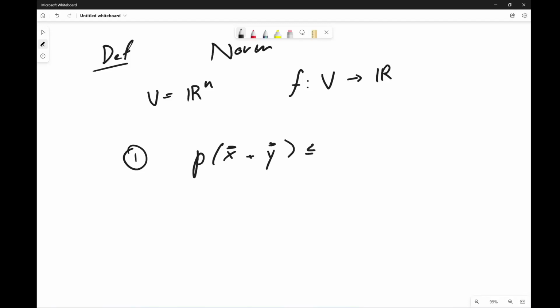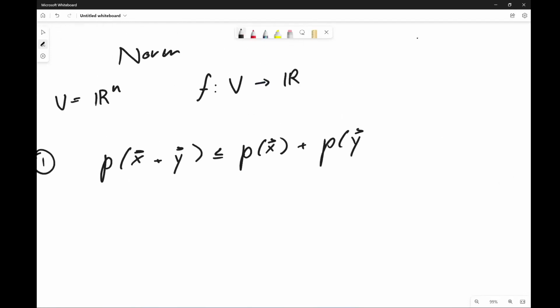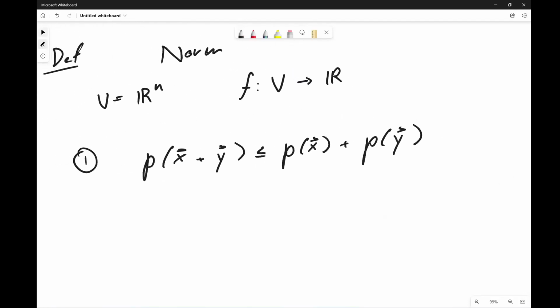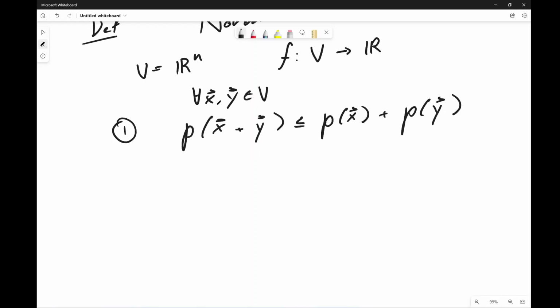P of x plus y is going to be less than or equal to P of x plus P of y. And we'll state for all these properties that they hold for all x and y belonging to this space, or Rn.